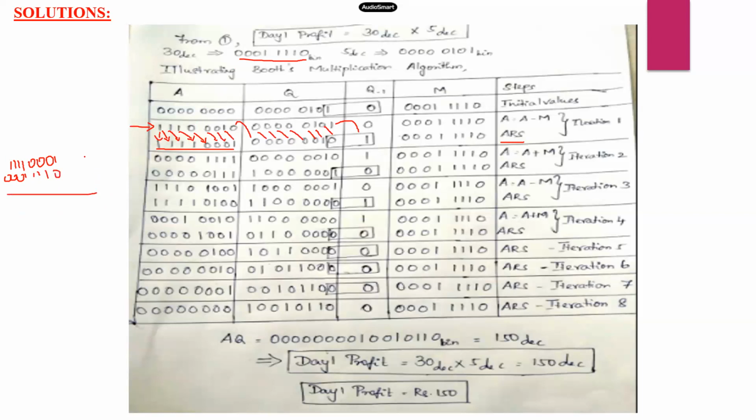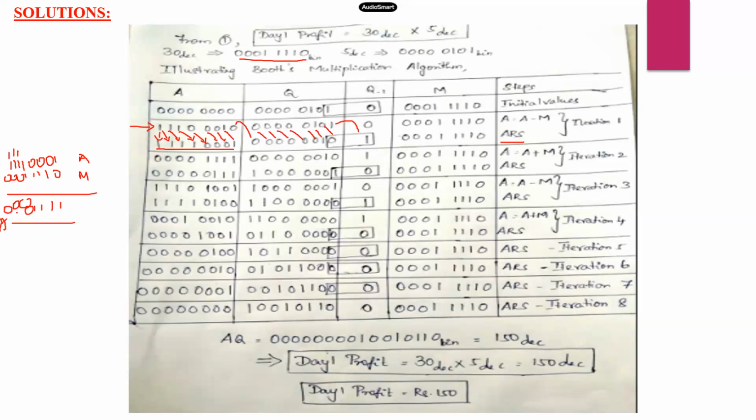Now you perform addition. This is A and this one is the multiplicand. 1 plus 0, carry 1, again 1 plus 1, 0, carry 1, and that carry will be discarded.